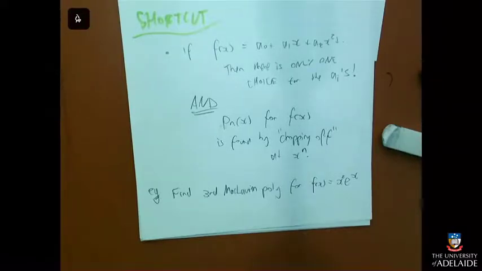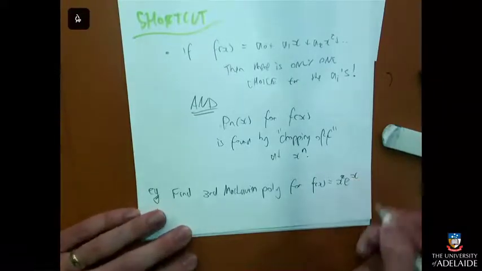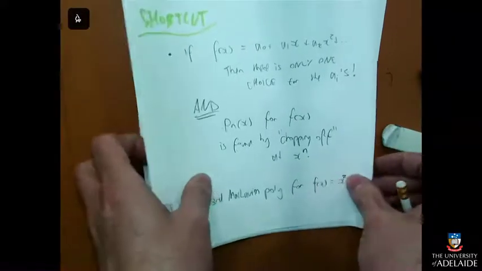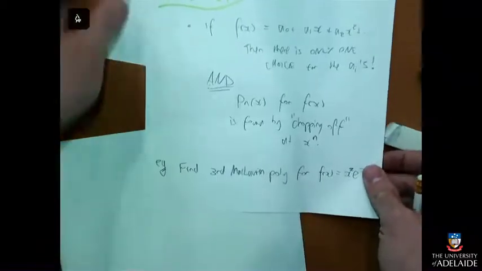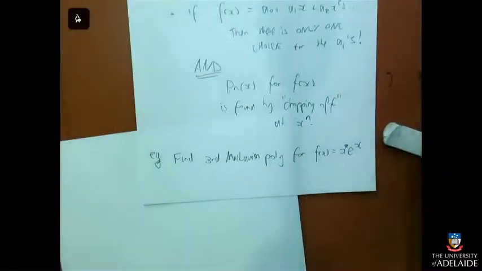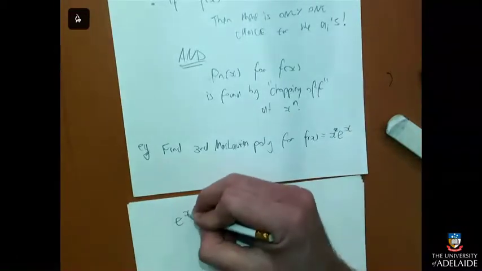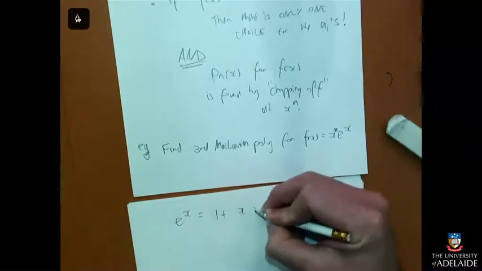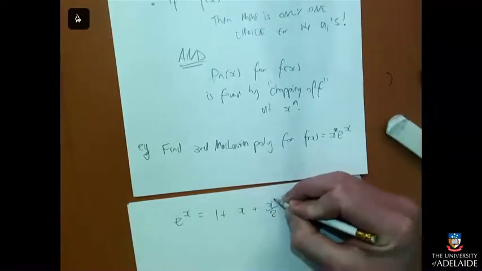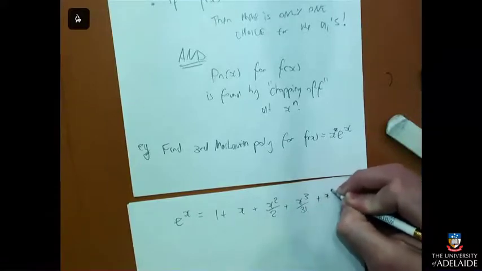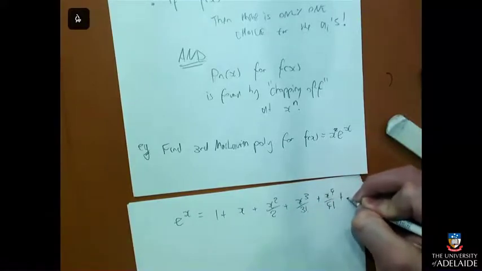X squared e to the x. Here we go. Well, e to the x is 1 plus x plus x squared on 2 plus x cubed on 3 factorial plus x to the 4 on 4 factorial forever.